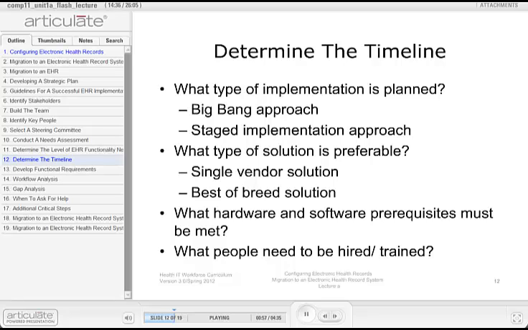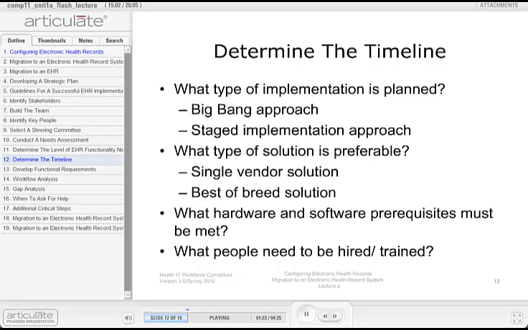For example, some elements of the EHR, such as drug-to-drug interaction, e-prescribing, and problem lists, may be implemented ahead of other elements, such as computerized physician order entry, CPOE, and clinical decision support. A staged implementation may also require specific elements of the EHR to be implemented sequentially at different sites.